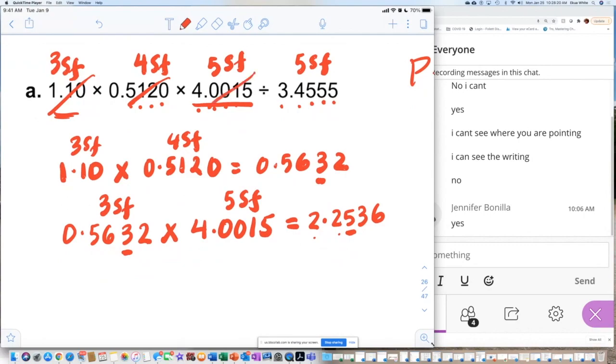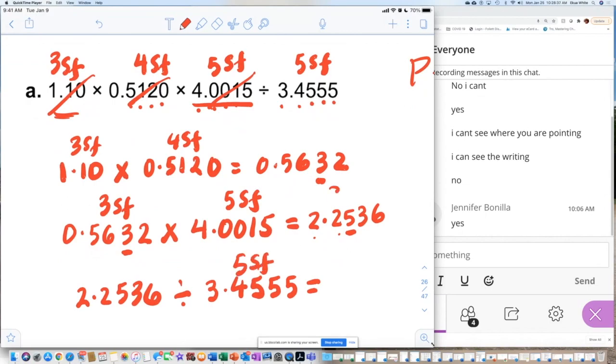Then my last one, so I'm done with this. My last number is going to be 2.2. I'm just taking the answer I have, 2.2536 divided by 3.4555. So this is 5 significant figures. This is 3 significant figures. This is also 3 significant figures. 3 significant figures. So this is the position I want.